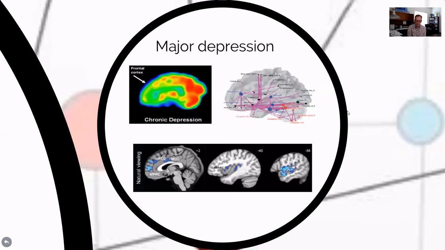In the bottom left, you see a summary diagram of a meta-analysis of fMRI connectivity studies in depression. And the blue areas you see now reflect areas that are agreed upon to be involved in depression. Again, left frontal, temporal, limbic, amygdala, and other areas of dysfunction. And in the upper right, again, are regions of connectivity that are dysfunctional in depression.